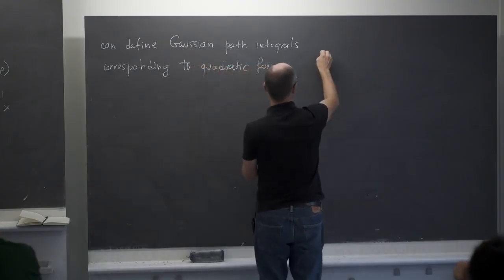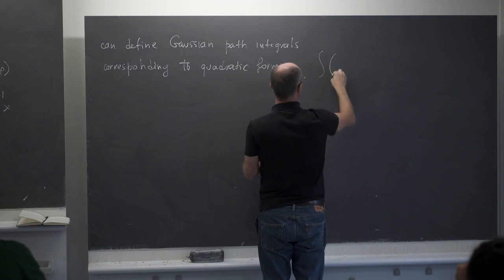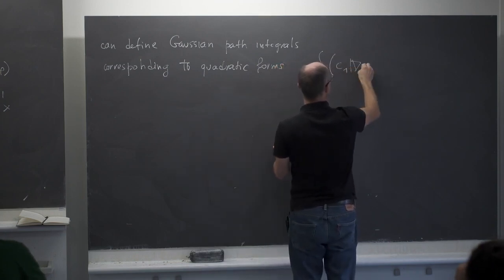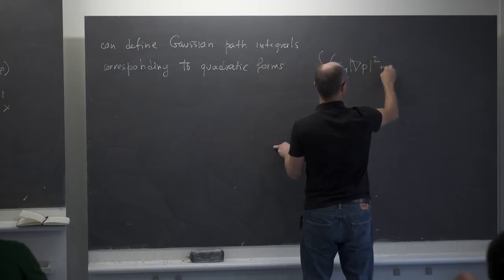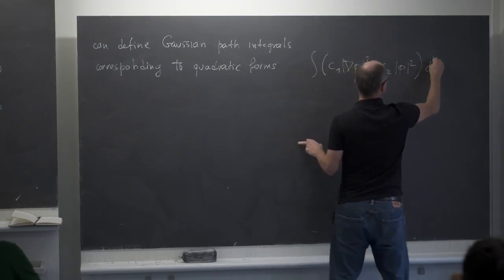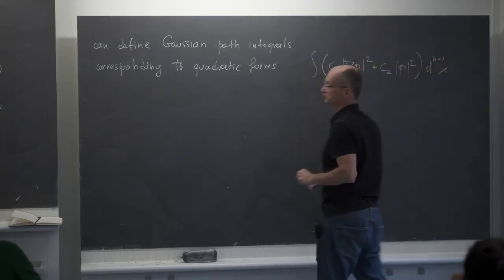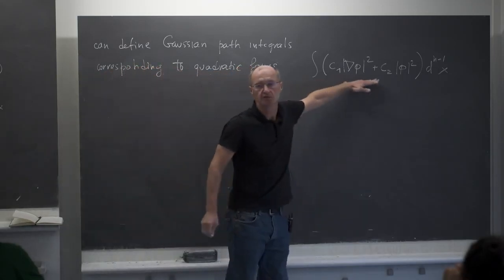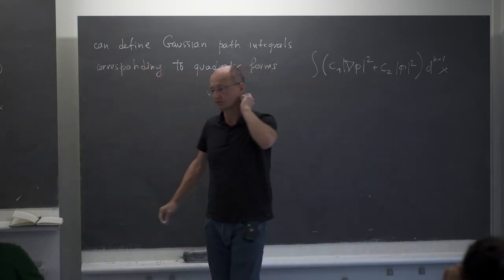As a quadratic form, you simply take the part of your integral which is quadratic in phi. So you take a quadratic form, a bit similar to what we were doing today with a Wiener path integral. You can define Gaussian integrals corresponding to those quadratic forms.